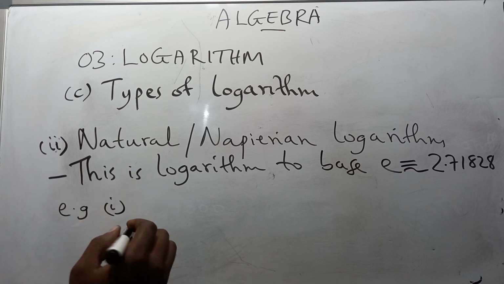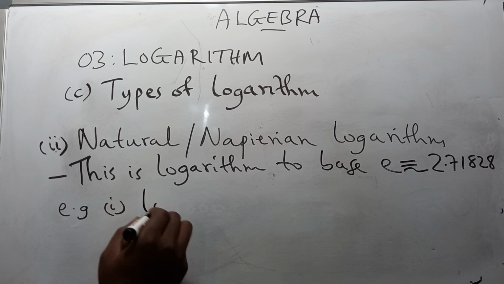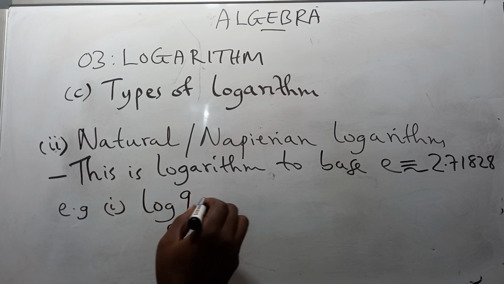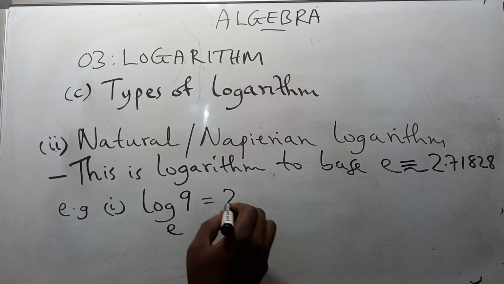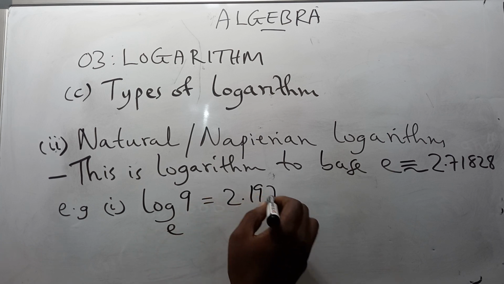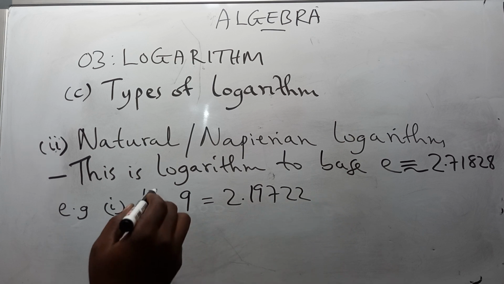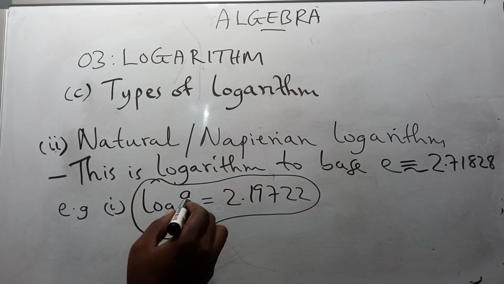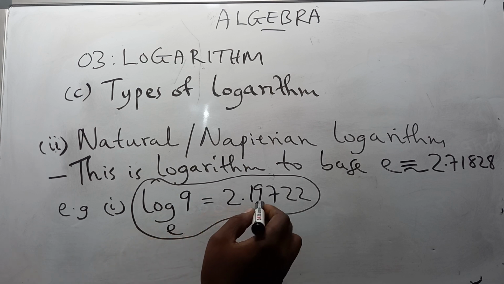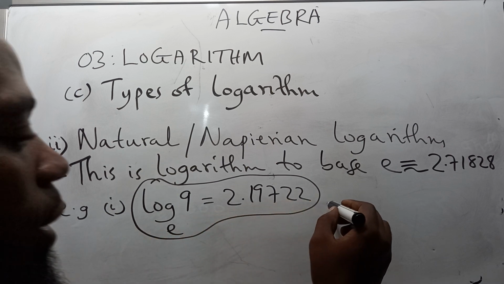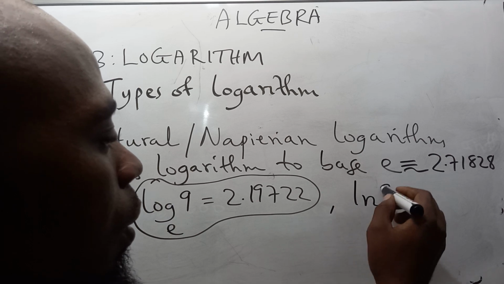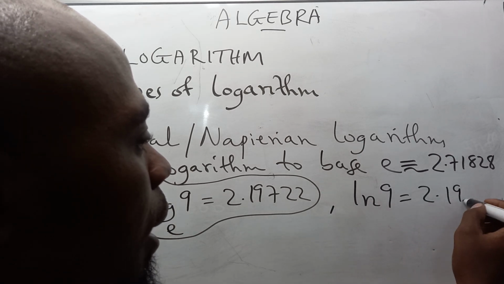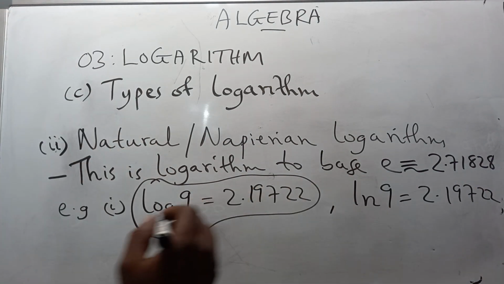Okay, let's see some examples of natural logarithm. Example: log of 9 to base e is equal to 2.19722. You can write log of 9 to base e is equal to 2.19722 as ln of 9 is equal to 2.19722.